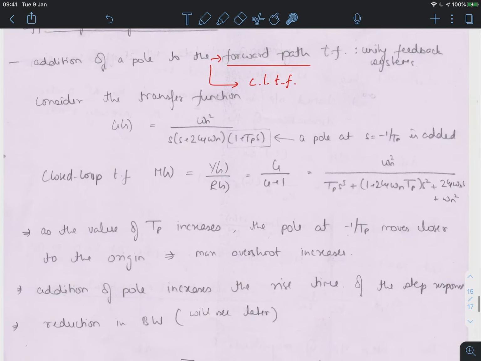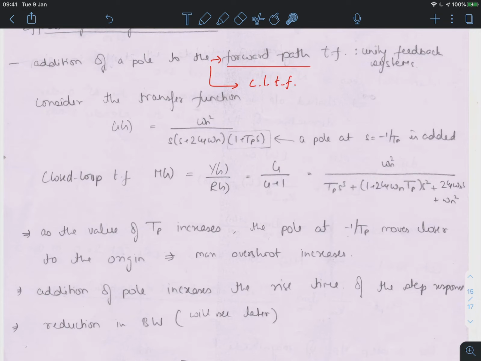Now we will qualitatively see the impact of the addition of this additional pole at minus 1 upon Tp. So you see, if the value of Tp increases, it implies that the pole would move closer to the origin, and if it moves closer to the origin, then it also means that it will move closer to the dominant poles.